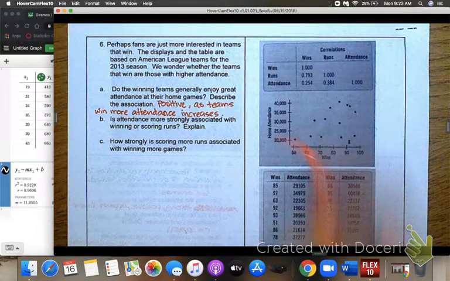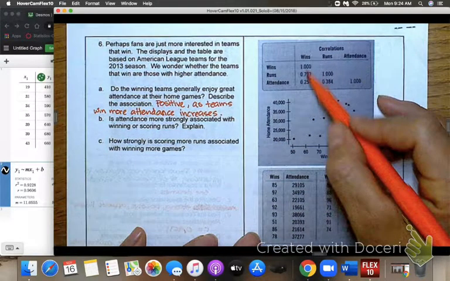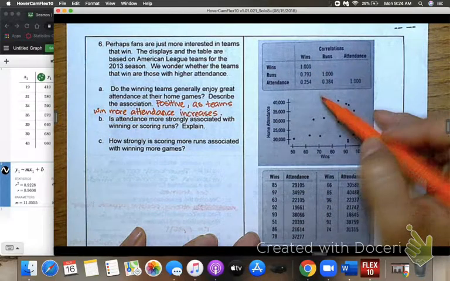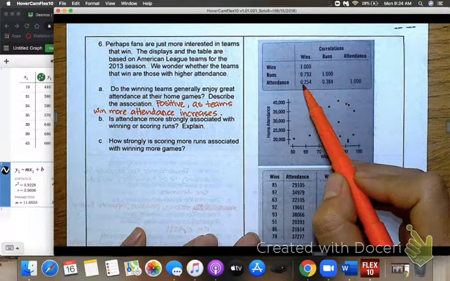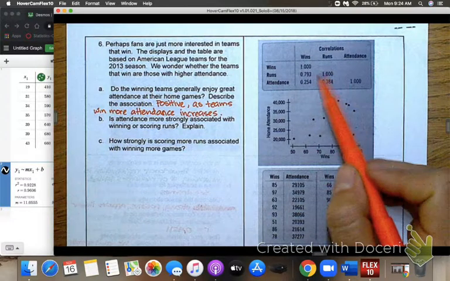When we're looking at these correlations, here's our attendance, here's our runs, and here's wins.